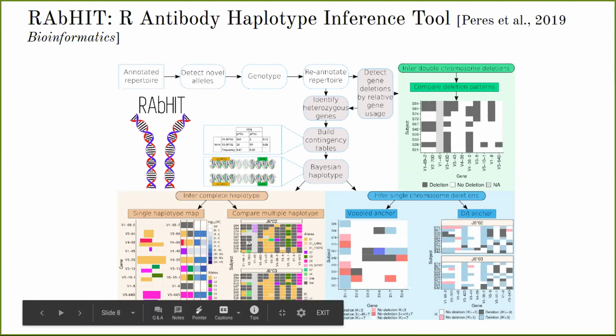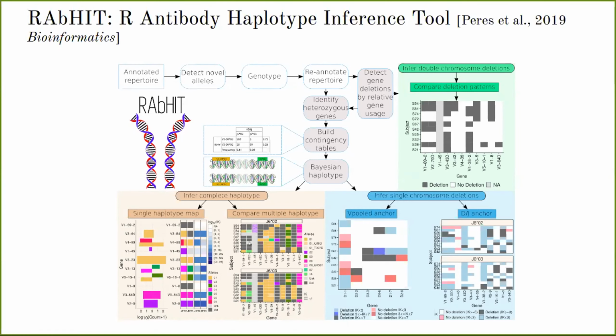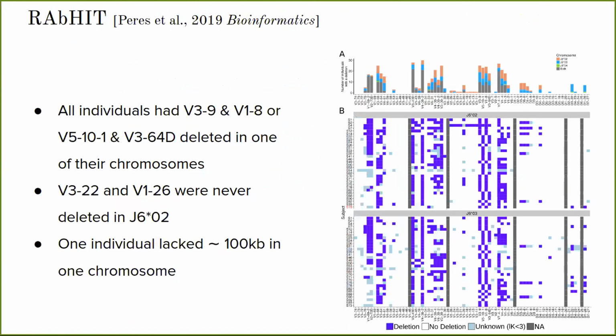We did that for the entire population, and what we can see here is that we got a map of the single chromosome deletions. Now, a single chromosome deletion in Rabbit is defined as basically an unknown reference with a high confidence level. So here, each row represents a single individual. The top is the J602 chromosome, and the lower is the J603 chromosome.